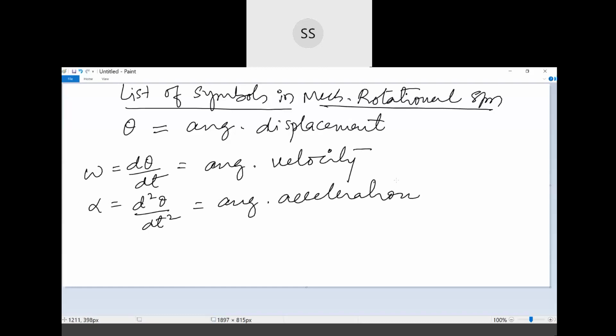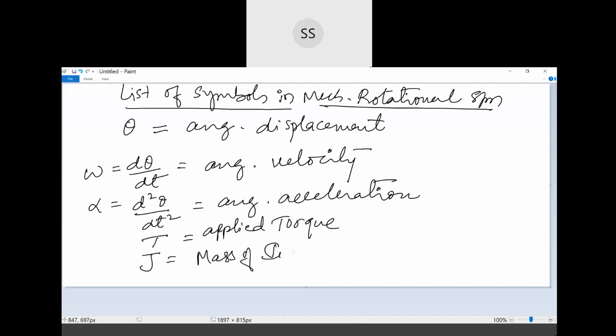Other than this, we have the elements: T, which represents the applied torque. Then we have J, called the mass of inertia or moment of inertia. And then we have B, which is the rotational friction coefficient.